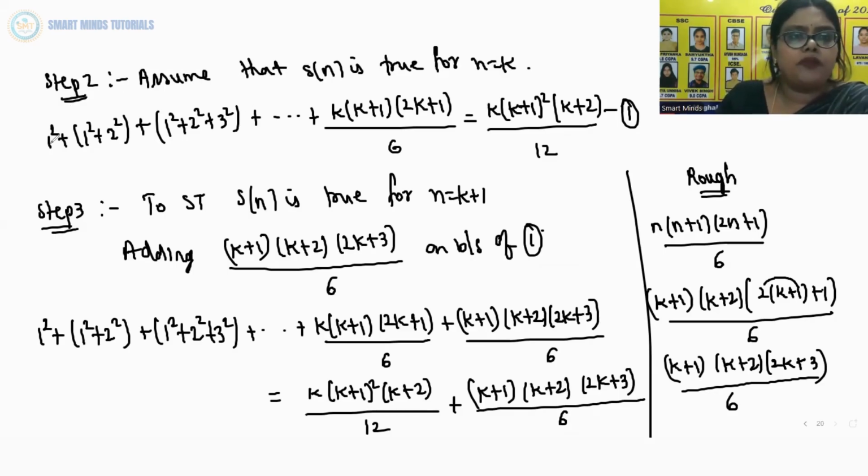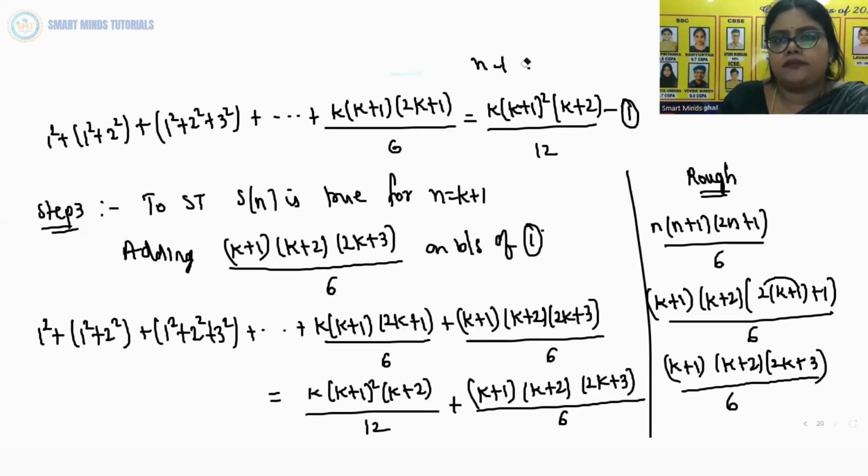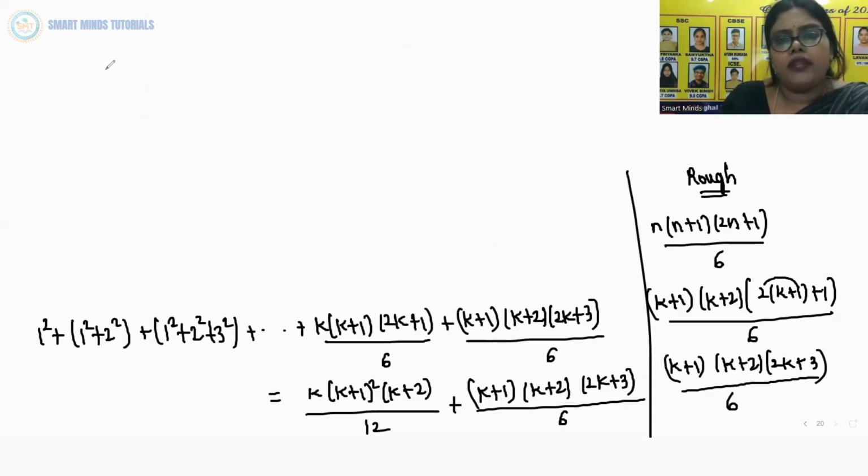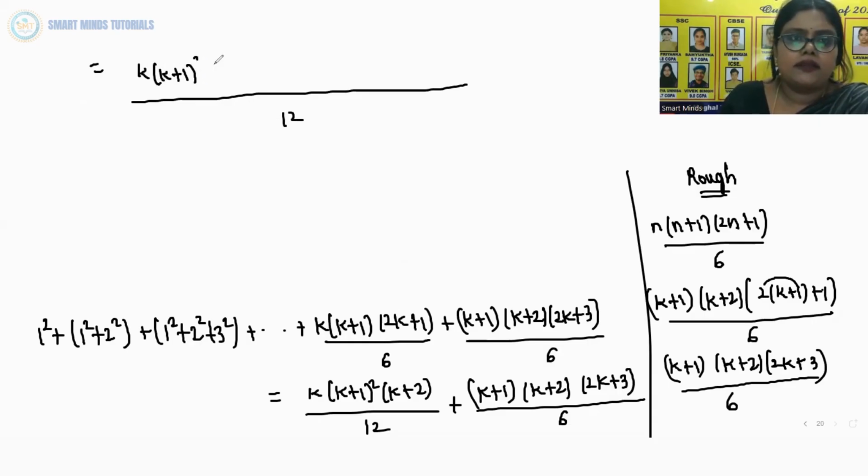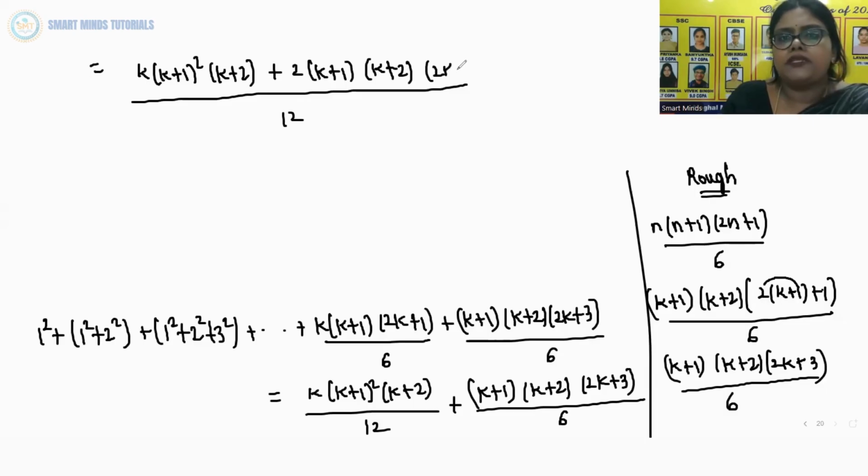Now we need to simplify only the RHS. So first we take the LCM. So LCM is 12. So first term we write as it is. And second term we multiply with 2. 2 into k plus 1 into k plus 2 into 2k plus 3. Now from the numerator we can take k plus 1 into k plus 2 common.